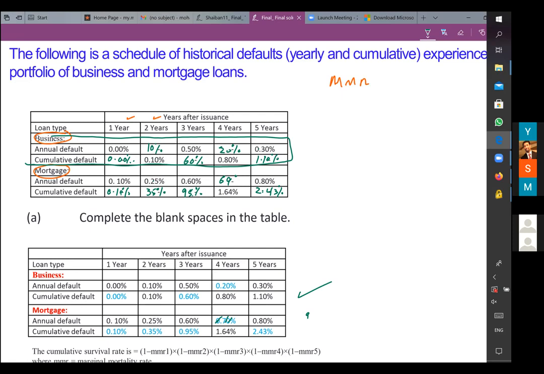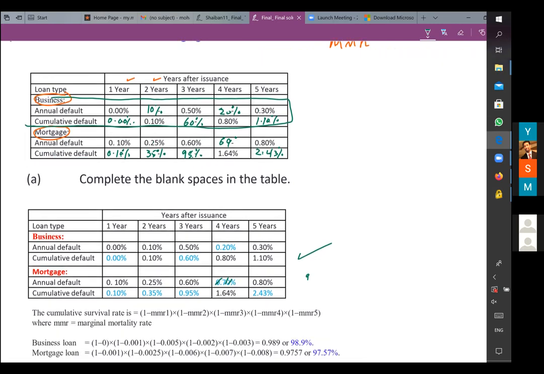So if I ask you a question now, what is the cumulative survival rate over 5 years, you will get one minus the mortality, which means the defaulting in year 1, defaulting in year 2, defaulting in year 3, defaulting in year 4, defaulting in year 5.